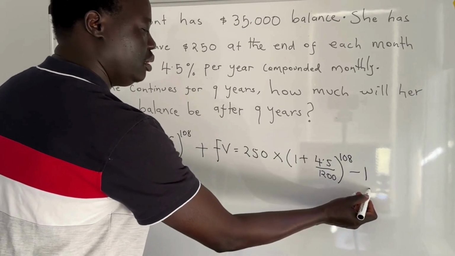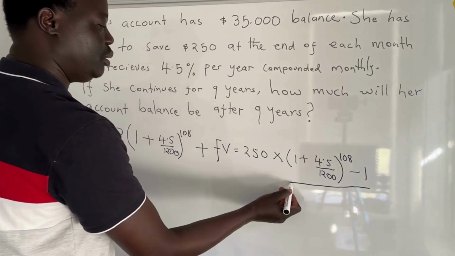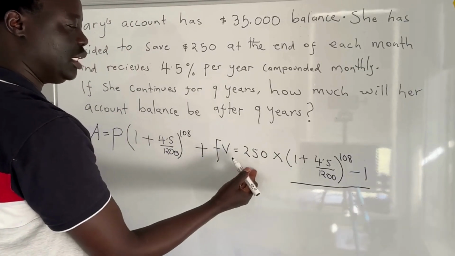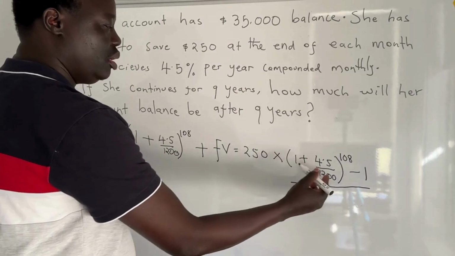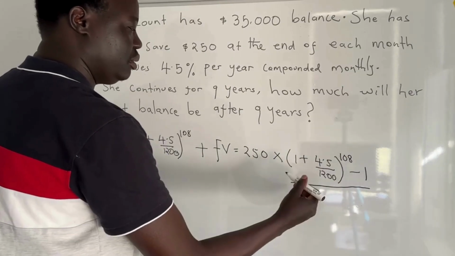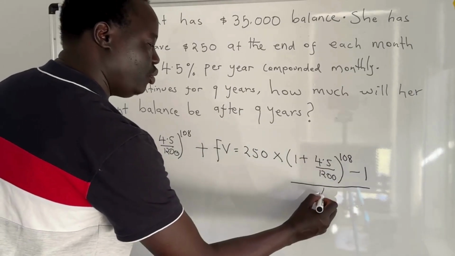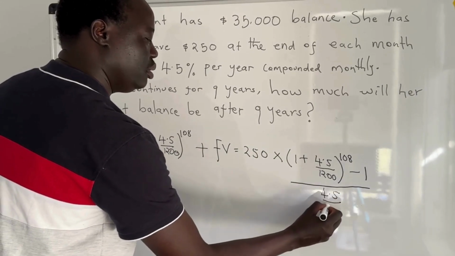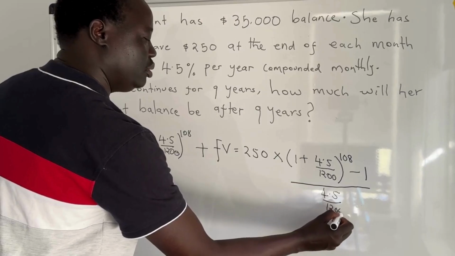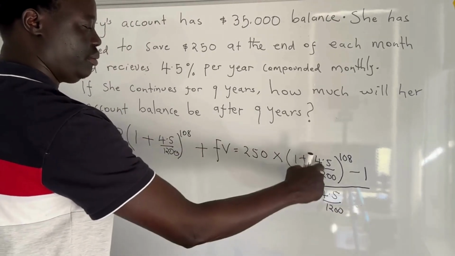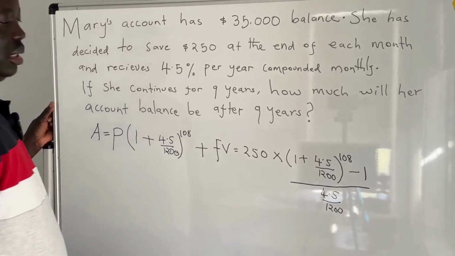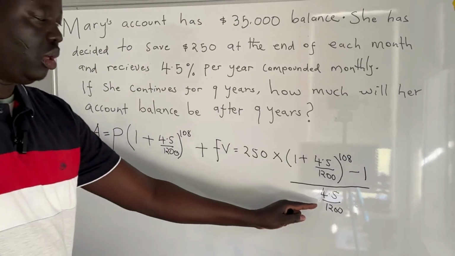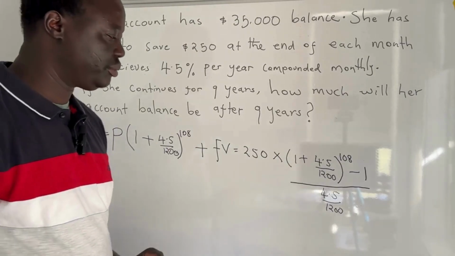And then this one, you divide this part. Don't include this part in it. You divide this part by 4.5 over 1200. This one. So this is what we will have on this part.